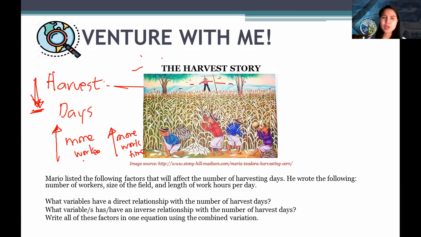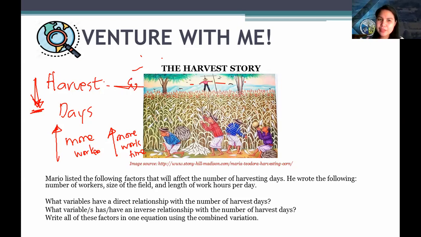Now, another, what do you think will inversely affect it? What do you think will make the harvesting days longer? Can you tell us what will make the harvesting days longer? Very good, less workers.